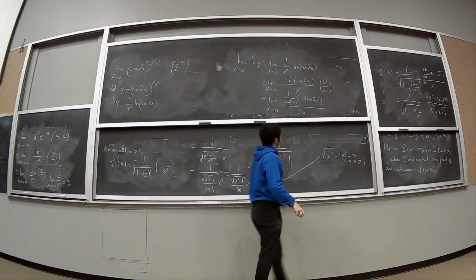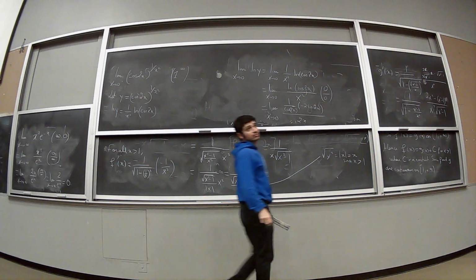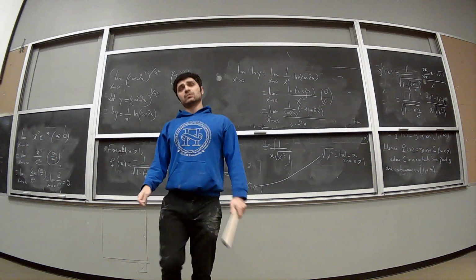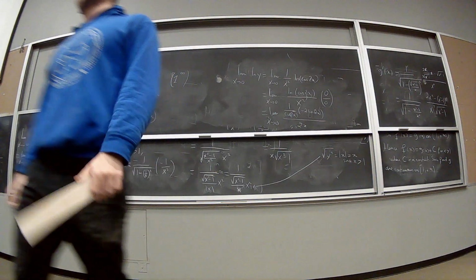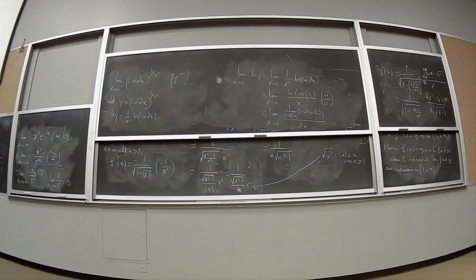Really, do you need L'Hopital's rule here, or can you do without? Can we see that the answer is minus 2? Did we get e to the negative 2? Can we see that ln y is minus 2 without resorting to L'Hopital's?